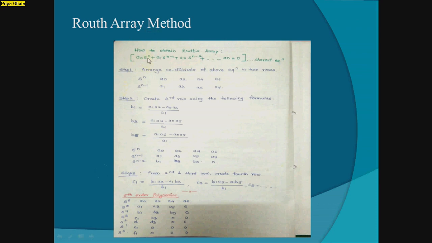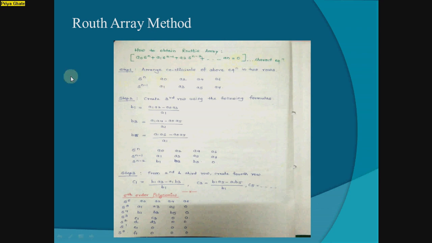Routh array method. Here we can see how to obtain the Routh array. Here is the characteristic equation: a0 s^n plus a1 s^(n-1) plus a2 s^(n-2) plus and so on up to an is equal to 0.